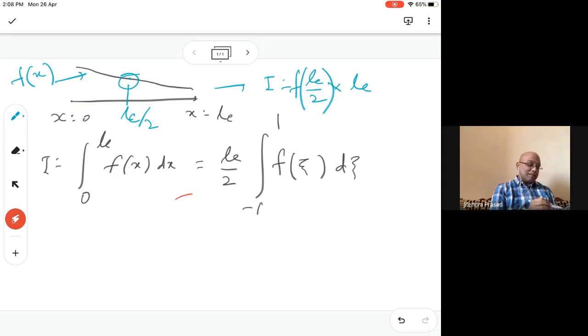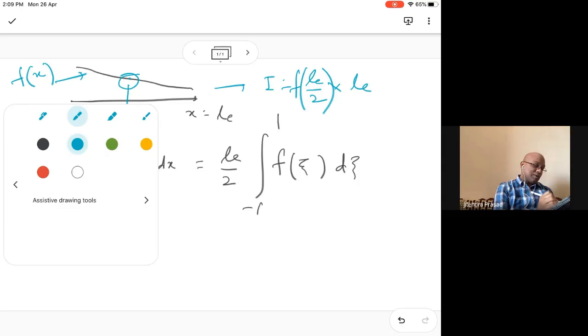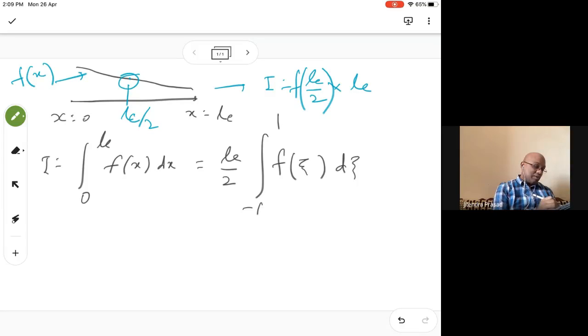Similar thing here. Let's say this is a linear case. Now let's say you have a quadratic function. Here, from x equal to 0 to x equal to LE, your function goes like some quadratic function.